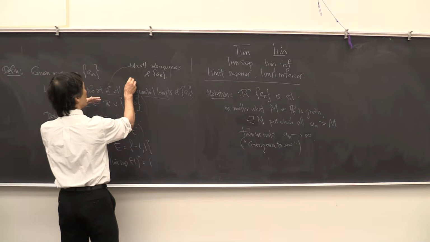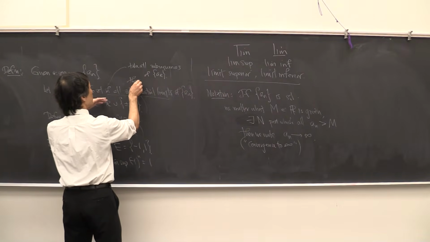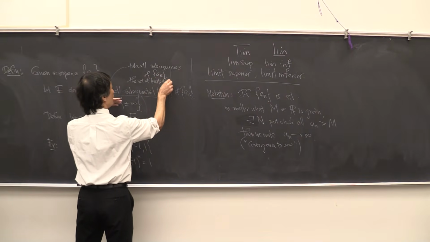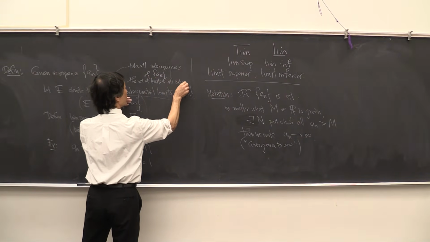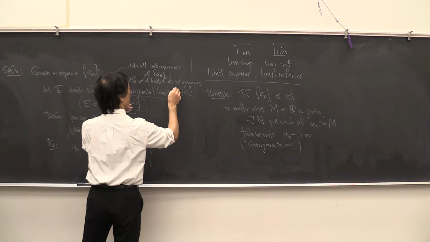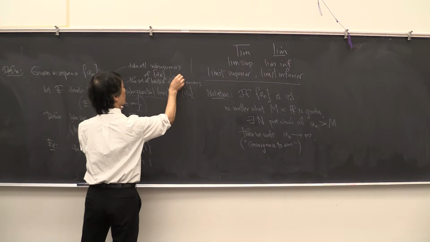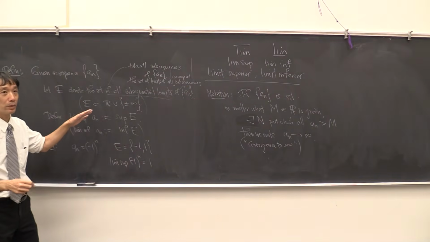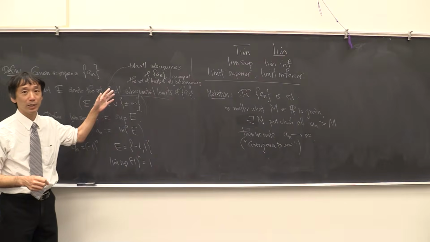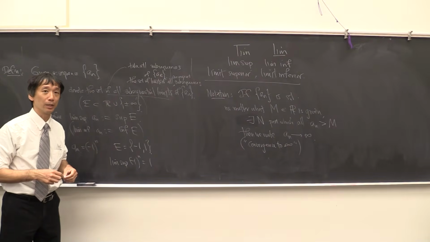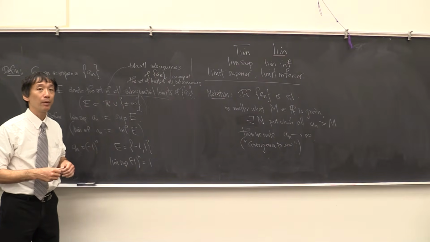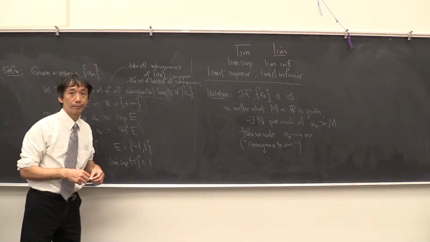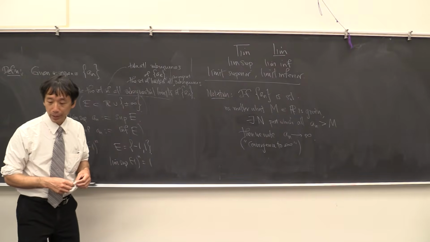The set of limits of all subsequences, I guess all convergent subsequences. So you look at all subsequences that have limits, and then that's it. Yes, Krishi. And these are convergent, including convergence to infinity? Yes, yes.